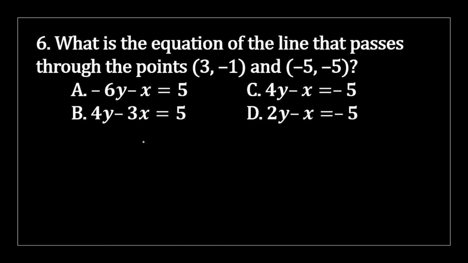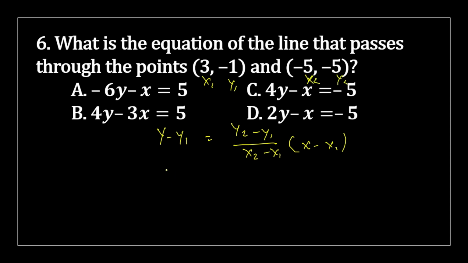So okay, let's find the answer now. Again, y minus y sub 1 is equal to y sub 2 minus y sub 1 over x sub 2 minus x sub 1 multiplied by x minus x sub 1. Okay, now let's identify our x's and y's. So this will be our x sub 1, y sub 1, x sub 2, y sub 2.